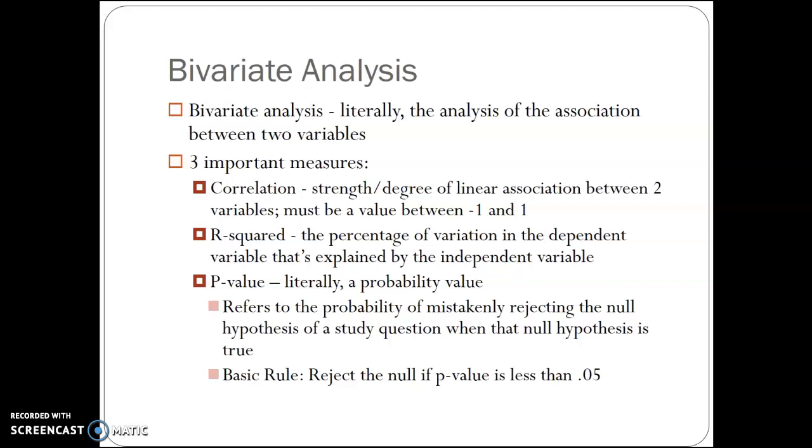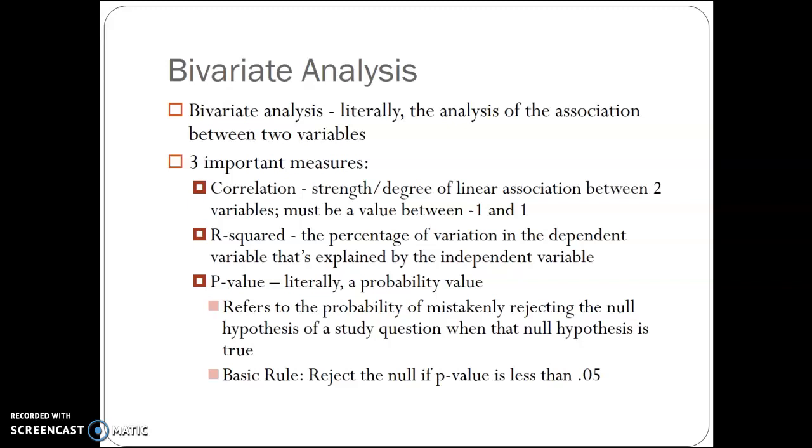A p-value, a probability value, is going to come out of every single statistical test that you run, whether you're checking for a correlation, a t-value, or a chi-square value. Any statistical test that you run is going to come with the value of that test itself, whether it's an R in the case of a correlation, a chi-square, or the t, for example.